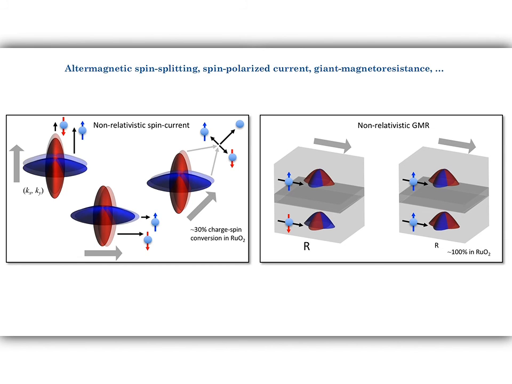And now imagine that you apply electrical bias along one direction, and because of these anisotropic Fermi surfaces, you will have majority current carried by spin up electrons and minority current by spin down electrons. So you have spin polarized current in a system which has zero magnetization in equilibrium.